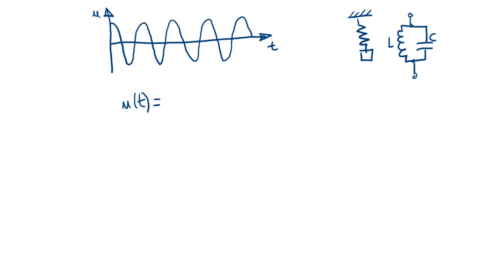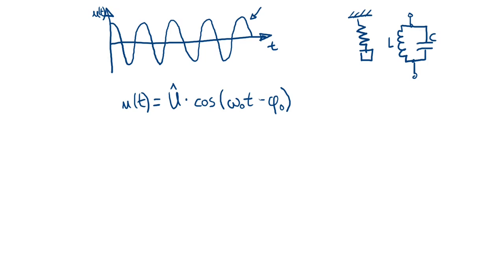We can define a function. Yeah, and this will be our oscillation here. Or we use here oscillation as another term for the monochromatic signal, which is this here.